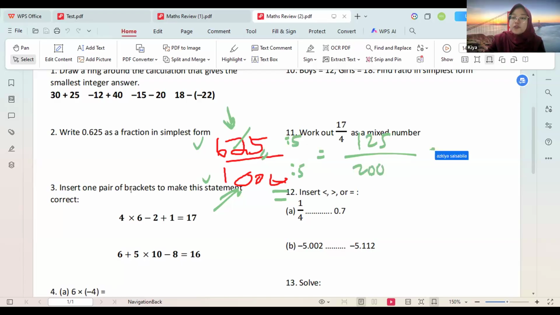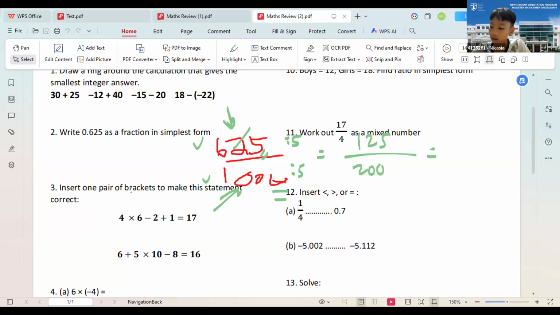Then you have to divide again by a number that can divide all the numbers. Because the last digit is 5, you can divide it by 5, right? So you can divide it all by 5 again.